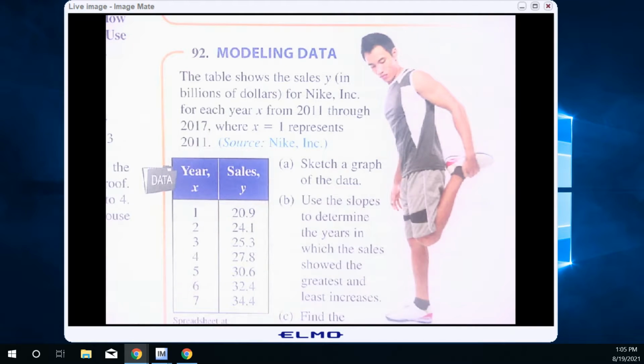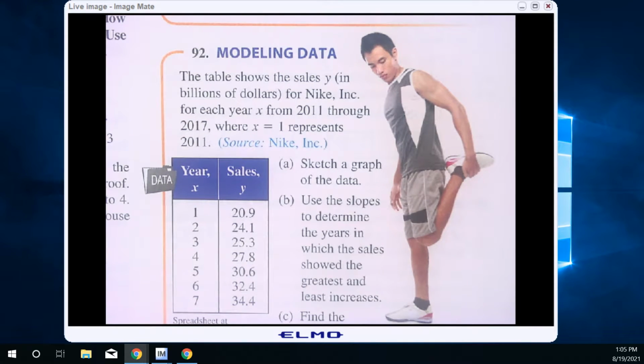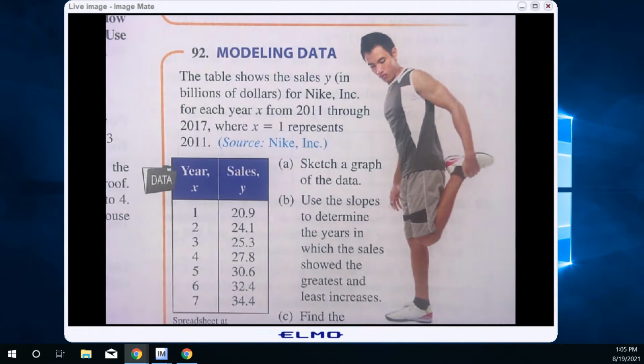So 1, 2, 3, 4, 5, 6, 7. Are you familiar with Texas Instruments? Yes, you are. Awesome. Okay, so 20.9, 24.1, 25.3, and you guys have probably already finished because you text all the time. And I don't.